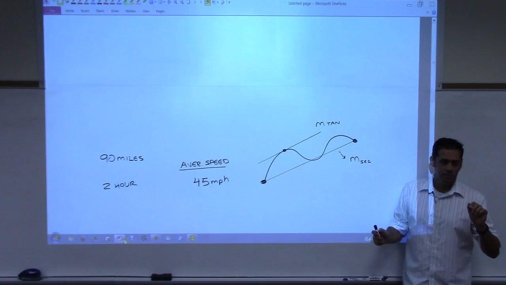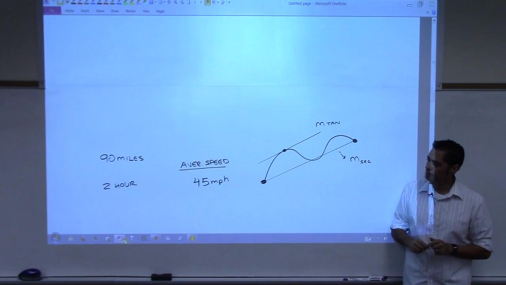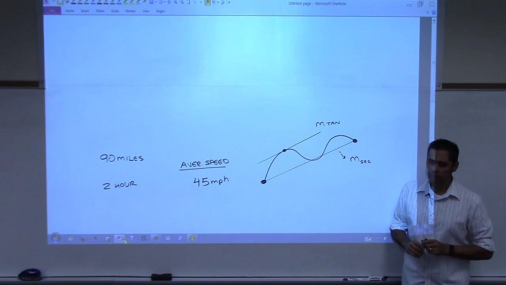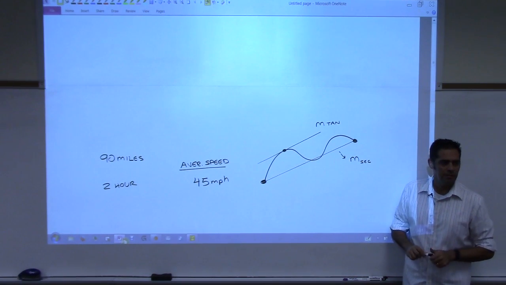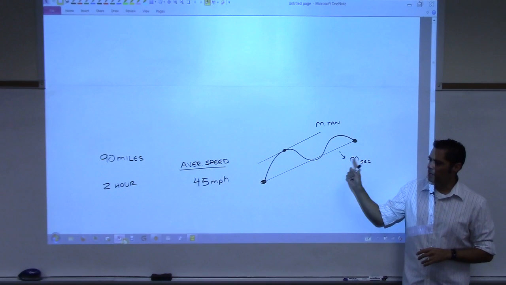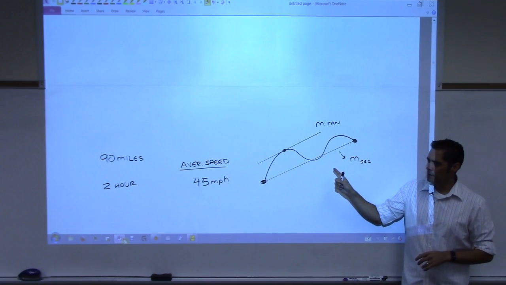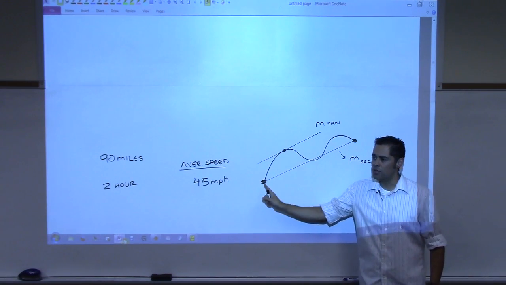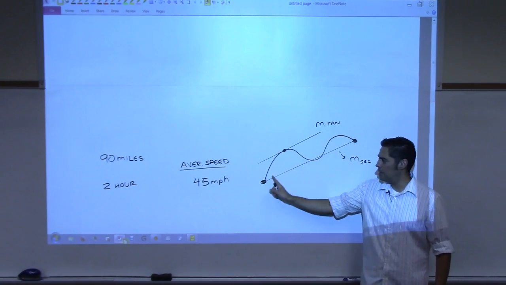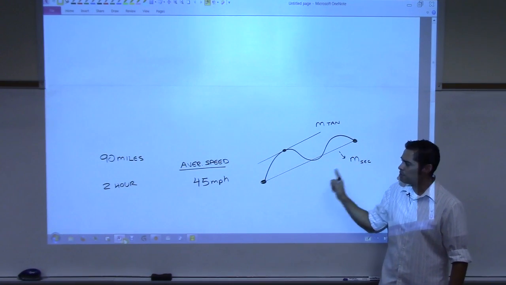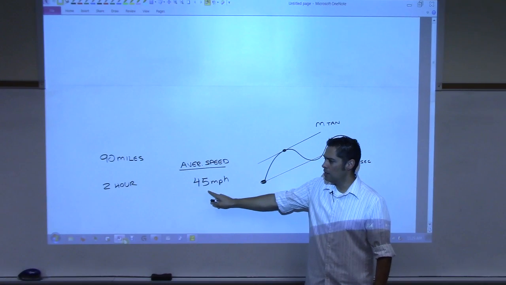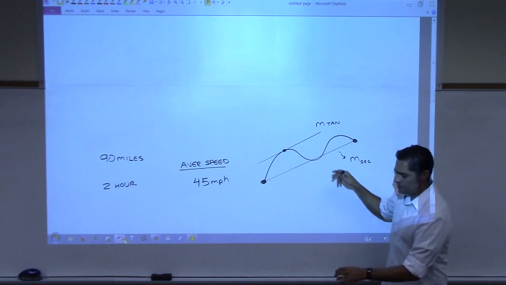Average slope. The mean slope. We talked about it before. I'm trying to see if you can connect it to the picture I have here. This slope right here is your average rate of change, right? From the beginning of the trip to the end of the trip. That corresponds to 45 miles per hour. I just said that what?